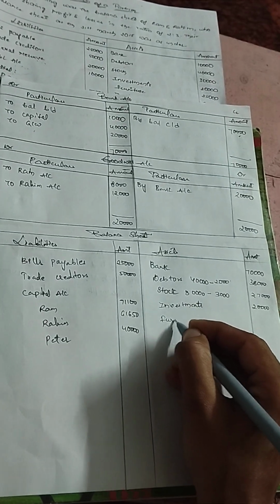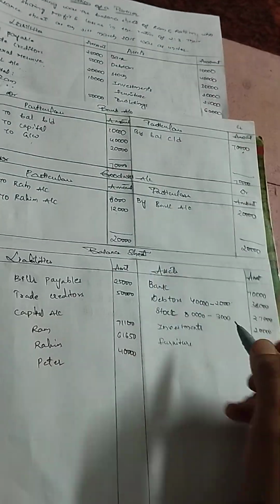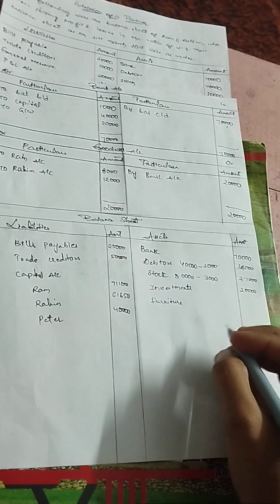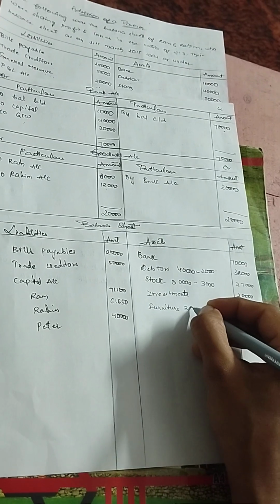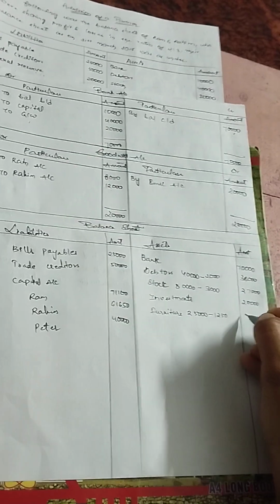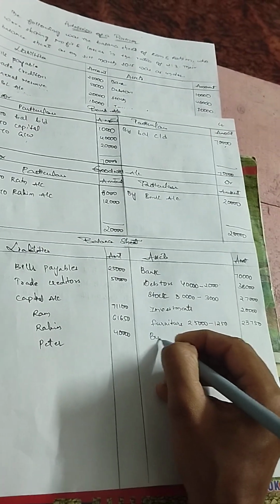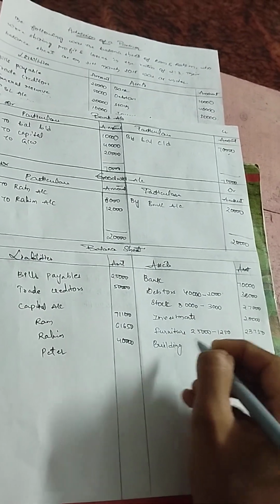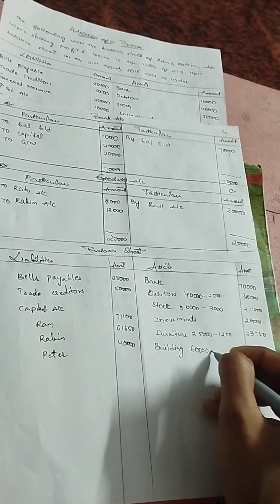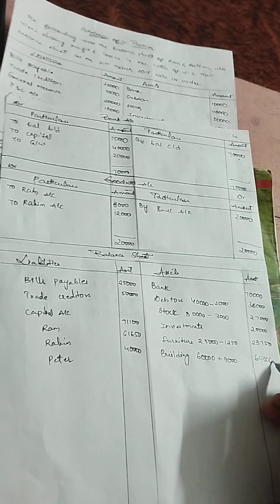Next, furniture. Here the value of furniture is decreased, so 25,000 minus 1,250 will get 23,750. Next we have buildings. So the value of buildings is increased. 60,000 plus 9,000, you will get 69,000.